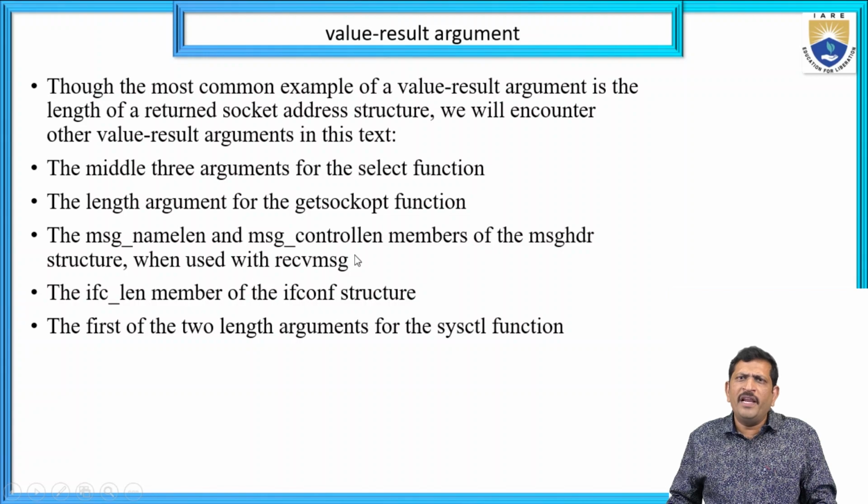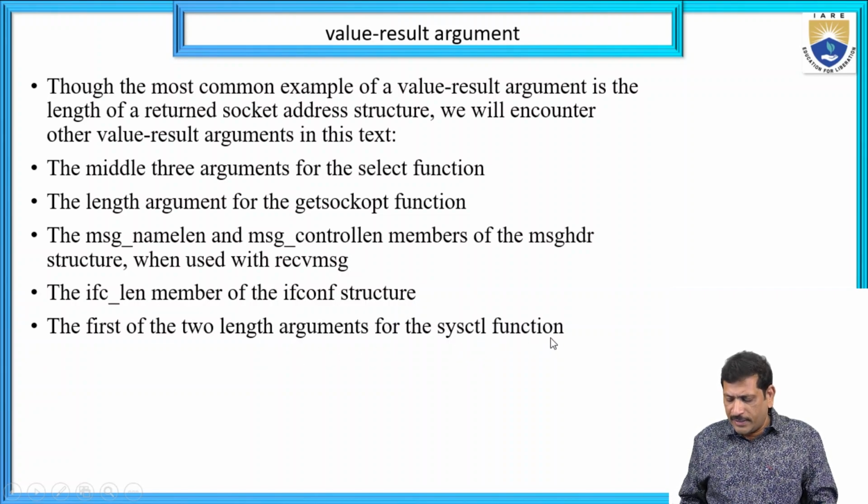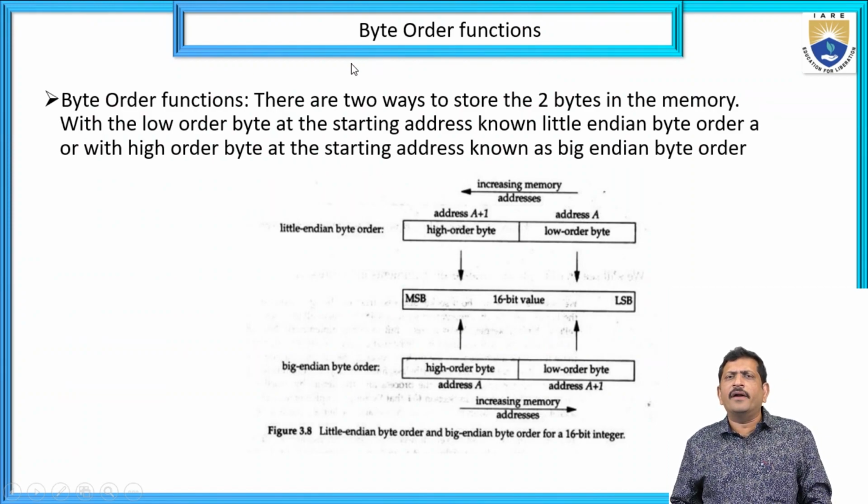That means the middle three arguments for the select function, the length argument for the getsockopt function, the message name length and message control length members of the msghdr structure when used with receiving messages, that is recvmsg. The ifc_len member of the ifconf structure, the first of two length arguments for the sysctl function, and byte order functions.